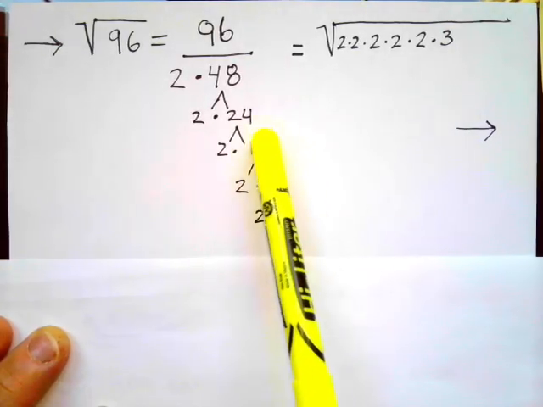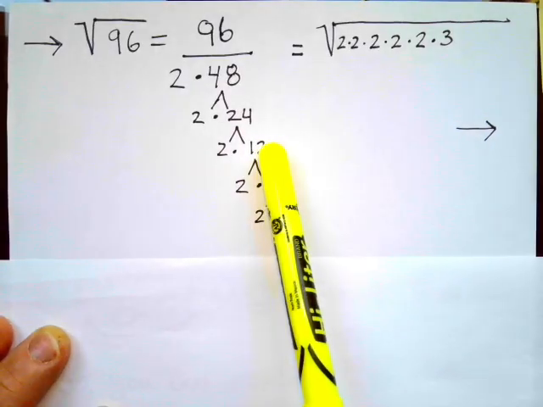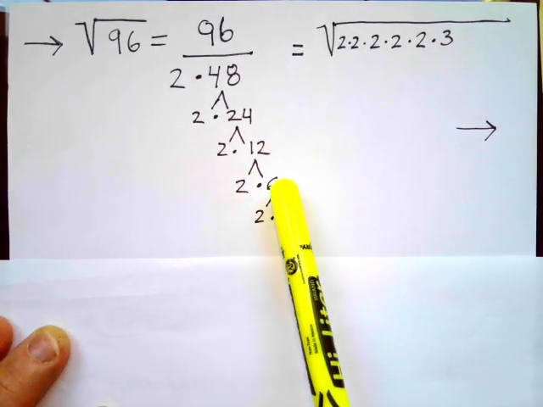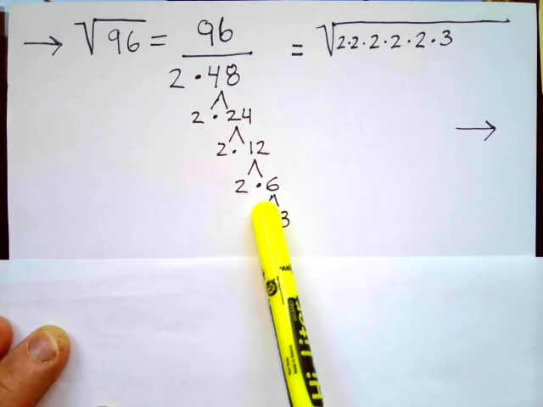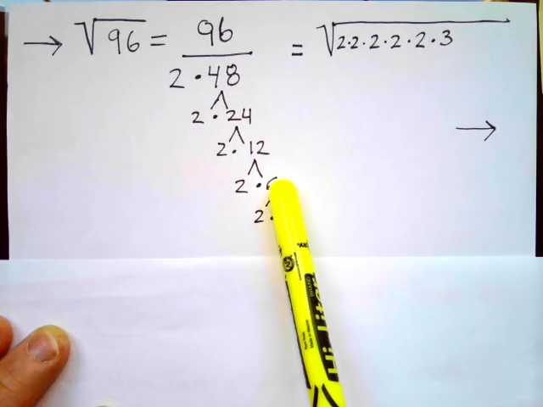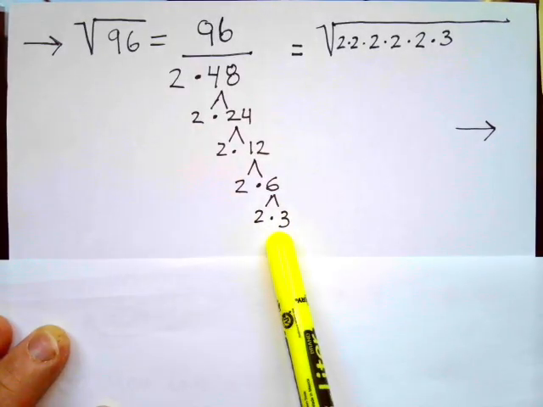So another even number, 12, I'm going to divide 2 into 12. 12 divided by 2 is 6. So 2 times 6 equals 12. Another even number, I'm going to divide 2 into 6, and I know that 2 times 3 is 6. So I'm going to stop here.